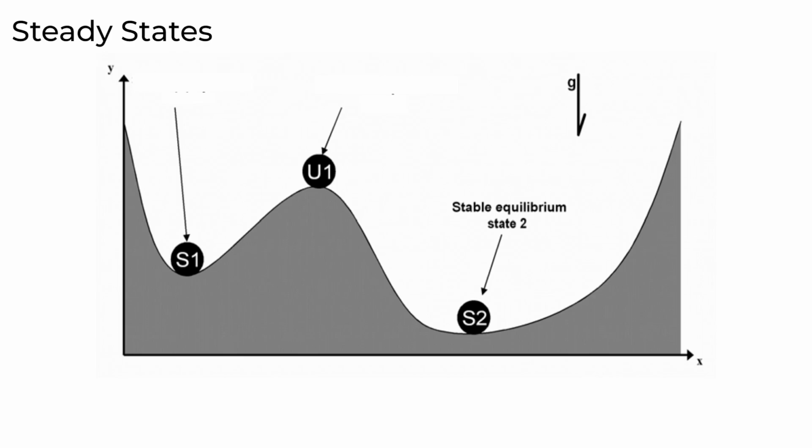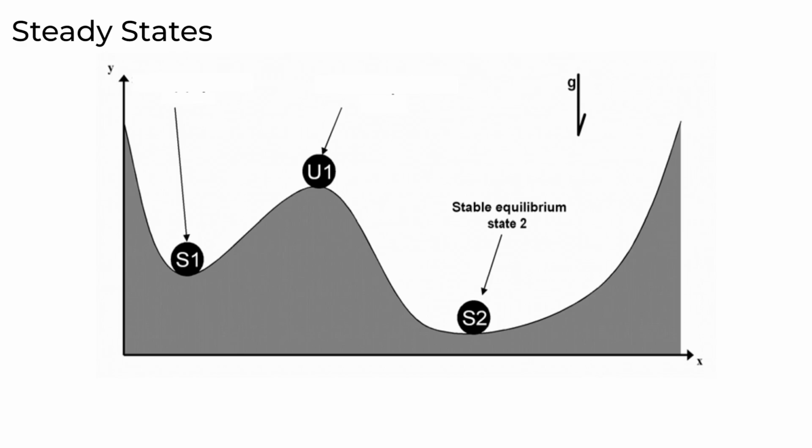But in the other case, U1, it is at a steady state because it is not moving, but it is not stable, because if you perturb it a little, be it to the right or to the left, it will not come back to its original position. It will slide over to either S1 or S2 depending on which direction you push.